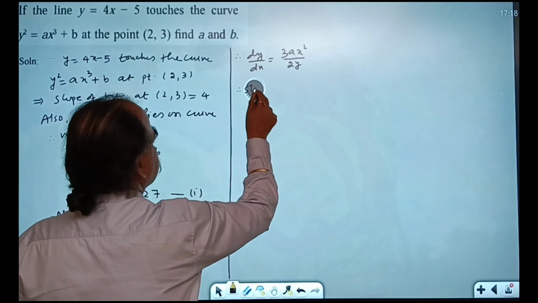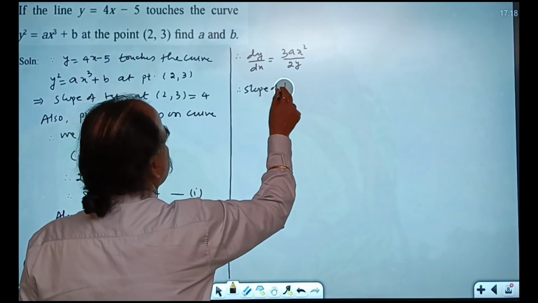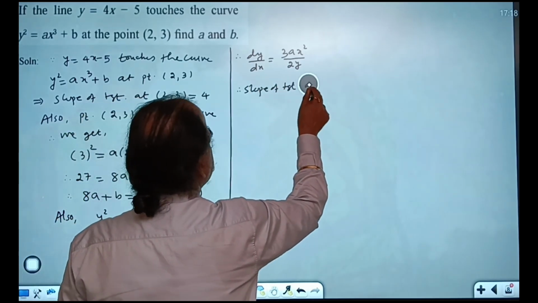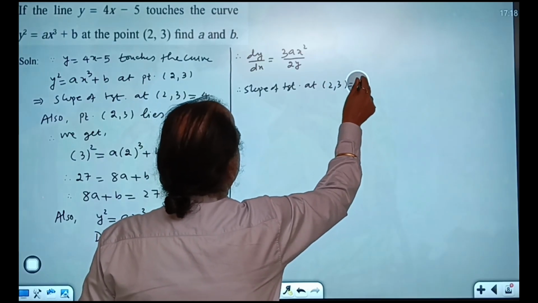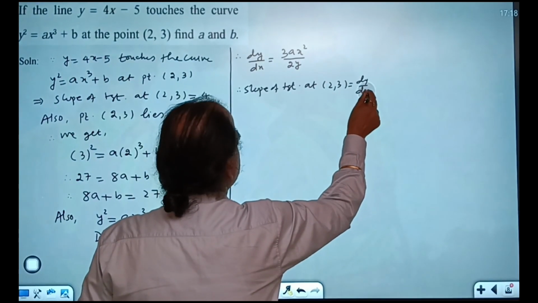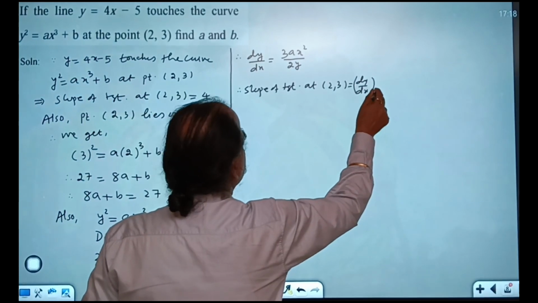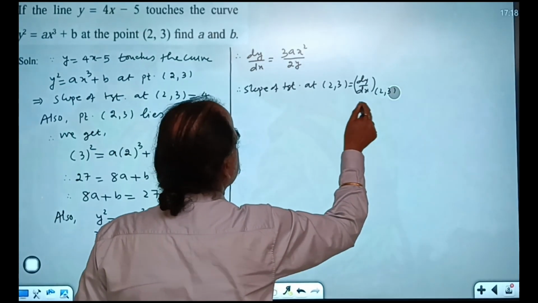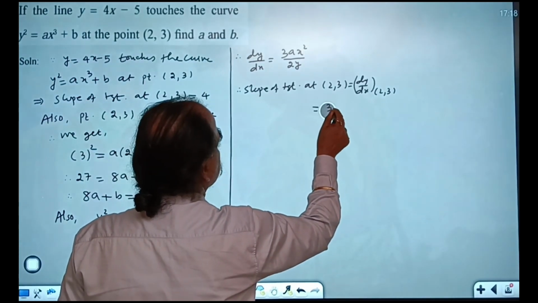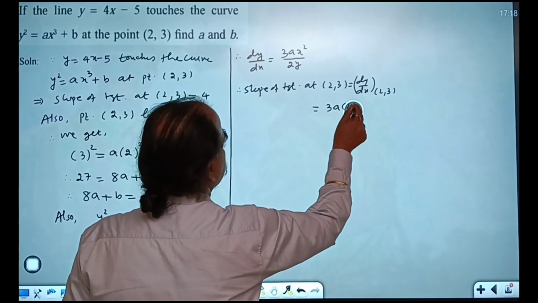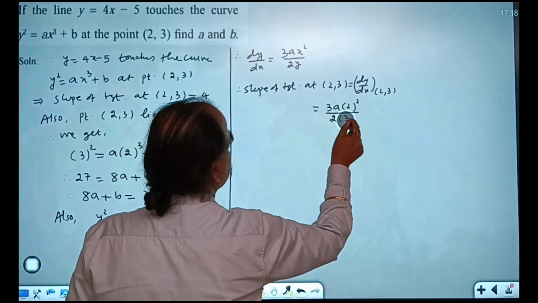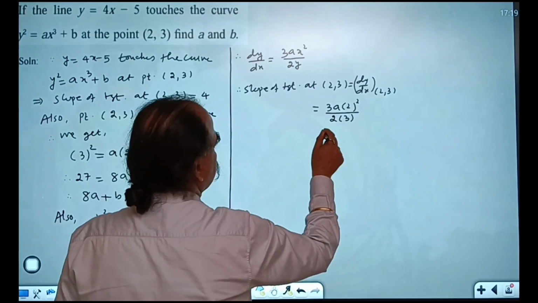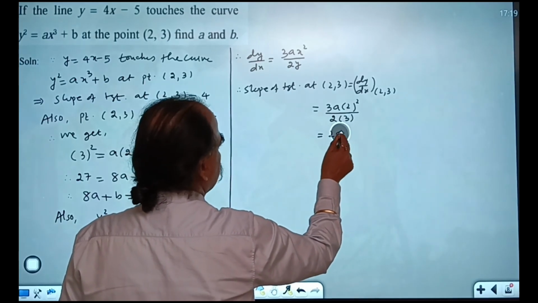The slope of tangent at 2, 3 is equal to dy by dx at 2, 3, which is 3a into 2 square upon 2 into 3, which is 2a.